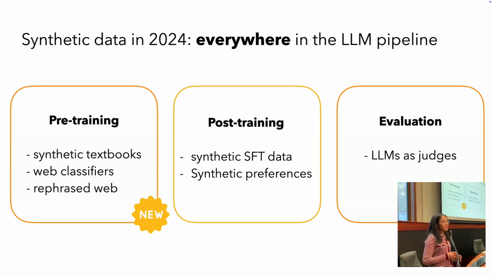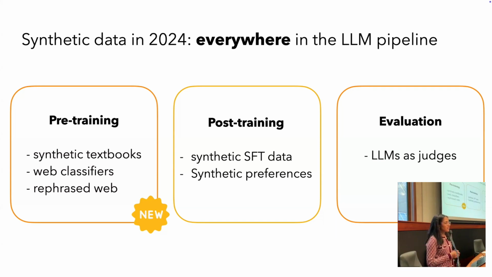And then after that, we realized that we don't really have good benchmarks to measure if models follow instructions well, if they are creative enough, or if they are chatty enough. So we also started using LLMs as judges. And I think this year and towards the end of last year, we also went to the pre-training part and we started generating synthetic data for pre-training to replace some parts of the web.